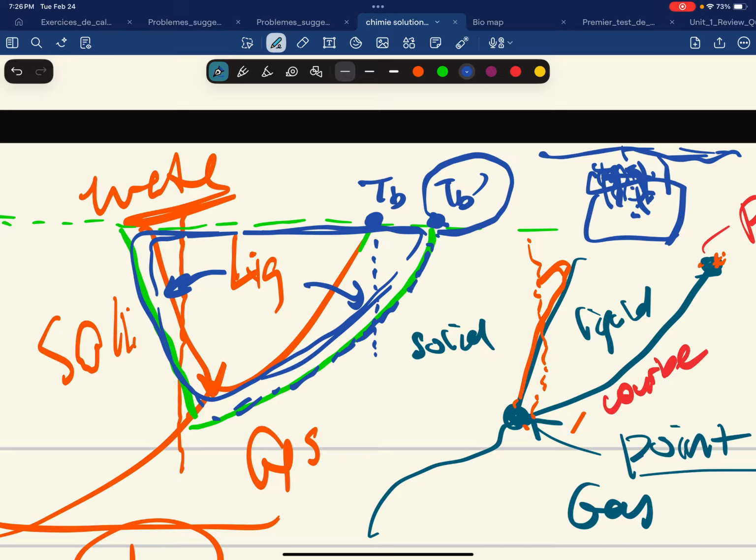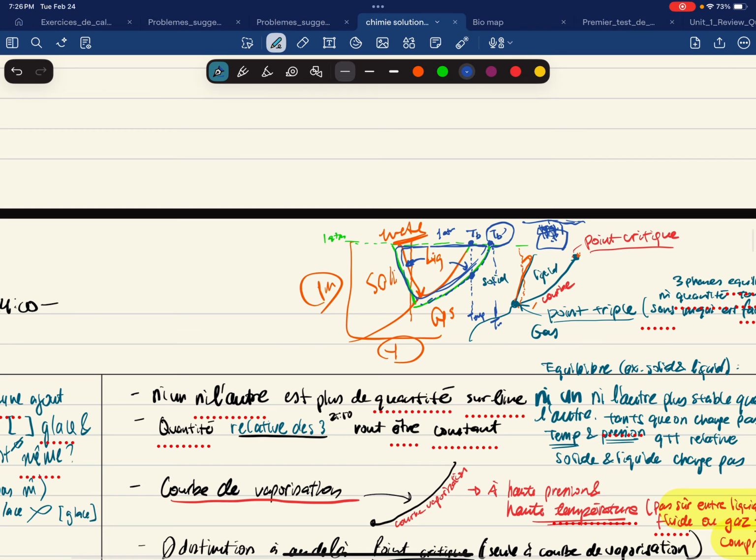So that's right here. At this temperature right here, the first solution has already attained 1 atm, but for another solution that has solute in it, the vapor pressure is not as high. So what's gonna happen? You need a higher temperature for the pressure to be equal to 1 atm to boil.